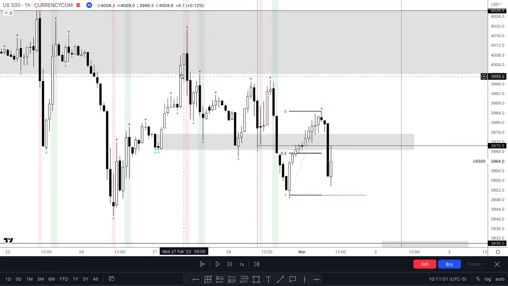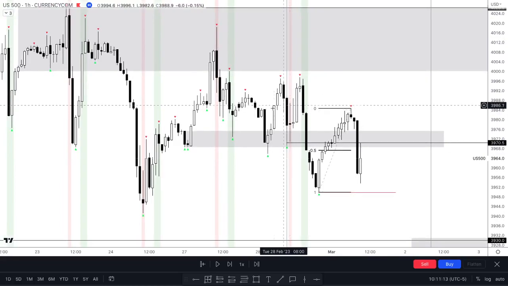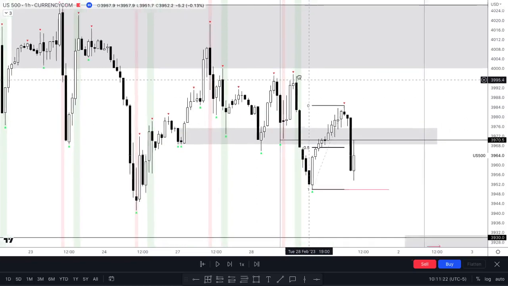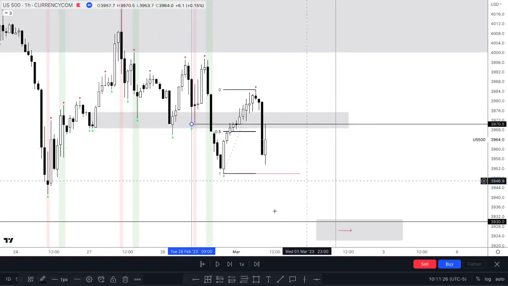The last down candle before price takes out the high, then it creates a fair value gap where the order block is. But I'm not gonna confuse you with that too much. On Tuesday here, the order block with the highest close, this was it. So that's what it respected on Tuesday as well. And it also respected it here on Wednesday at New York.